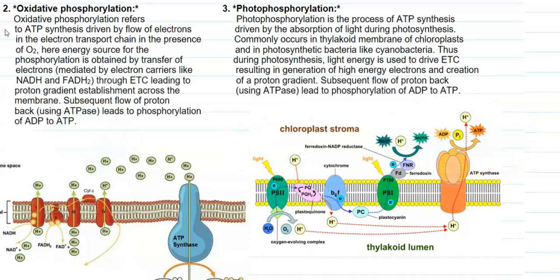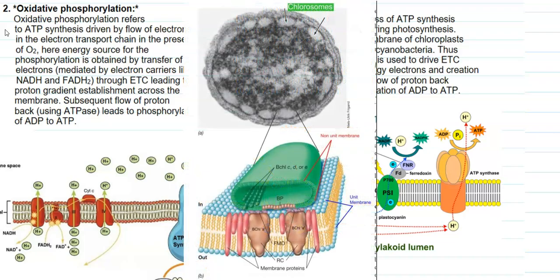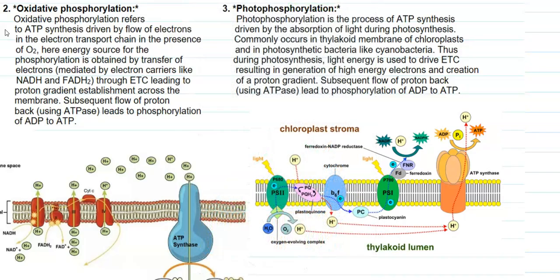Apart from that, it takes place in certain anaerobic anoxygenic photosynthetic bacteria such as green sulfur bacteria. In this process, during photosynthesis, the light energy is used to drive the electron transport chain, which results in the generation of high energy electrons and the creation of a proton gradient.